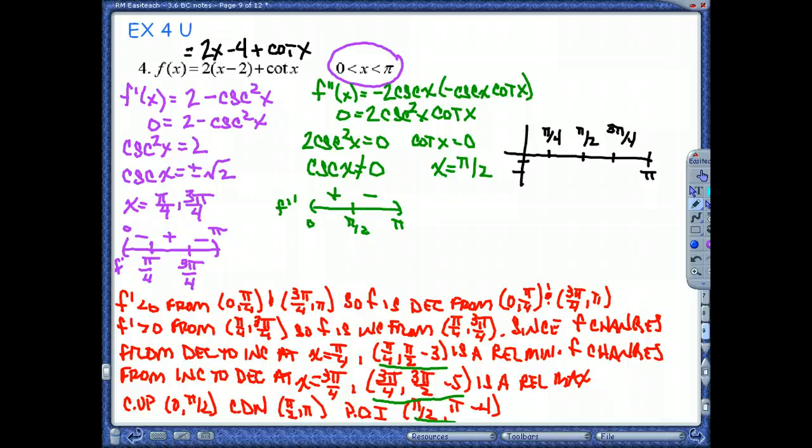Now, pi over 2 minus 3 is going to be a negative 1.4-ish, so I'm going to put that there. Now, if you have a calculator, you can take these out exactly. My pi over 2 is approximately negative 0.8, so I'm going to put my dot there. That's where I change concavity. 3 pi over 4 is approximately, it should be just a little bit higher.